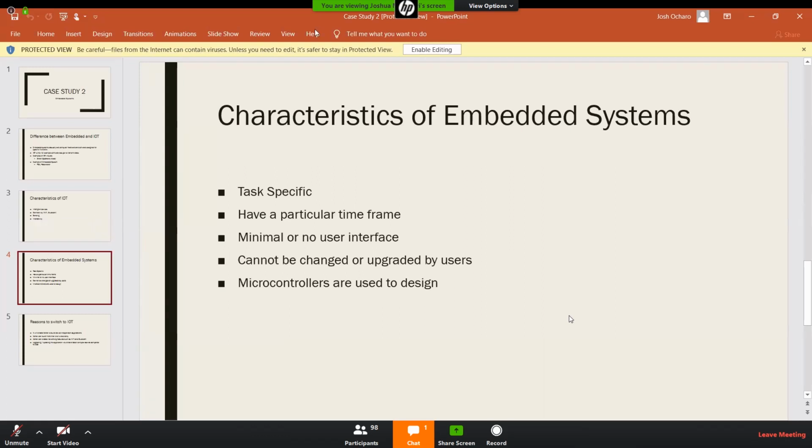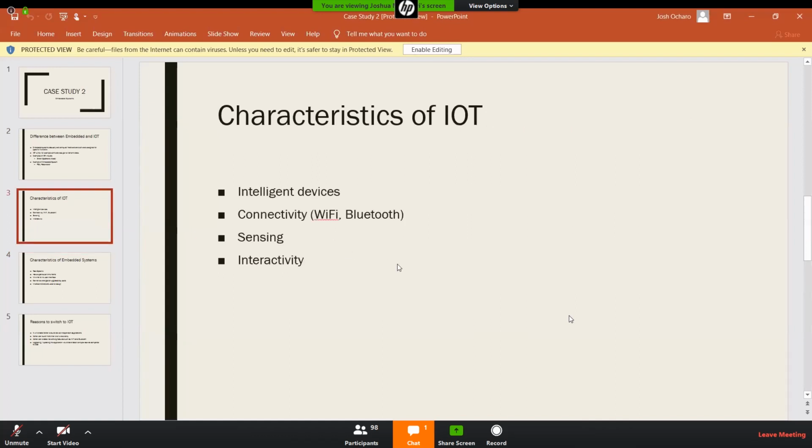So I'm going to move to the next one, which is characteristics of IoT. And first is intelligent devices. Let's say like the smart speakers. The smart speakers can connect to the internet and can give you specific information on what you want.